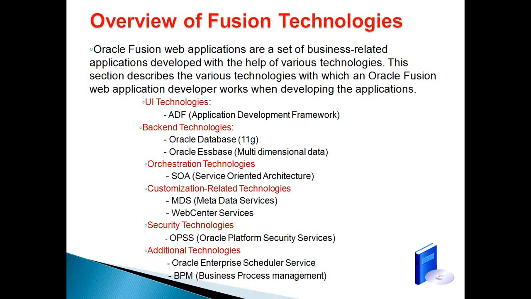Then MDS, metadata services and WebCenter services. For security, they have used the Oracle Platform Security Services and also some additional technologies like Enterprise Scheduler Service, especially for the process running and request running. Whenever you want to draw some report or you want to run some process like refresh process, etc., they are all now called scheduler jobs, which in e-business is called request submission. So that is the Enterprise Scheduler Service.